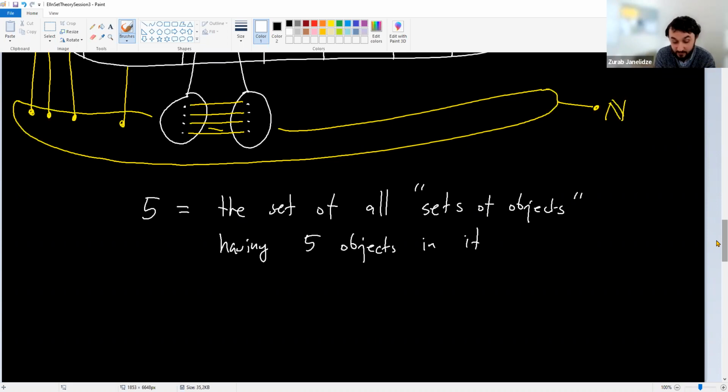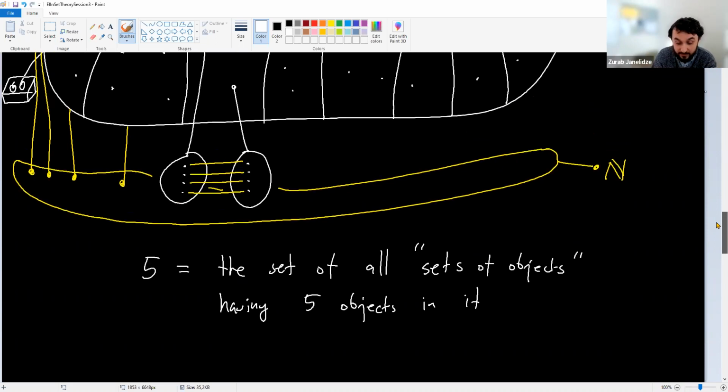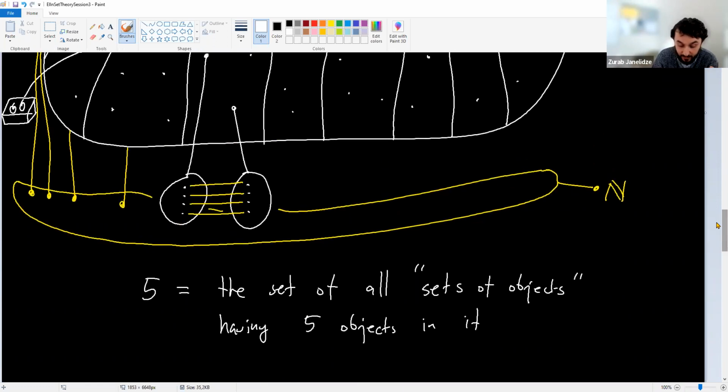This idea that a number becomes a set of all the examples of that number, in a sense, what we're saying here is that the number 5 is a set whose elements are all examples of 5. When we learn numbers at the very beginning of our youth, for the number 5 we think of the example being 5 apples or 5 pieces of tomato and so on.